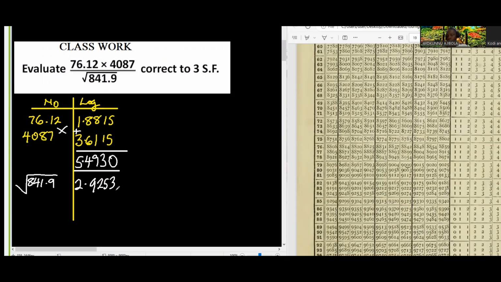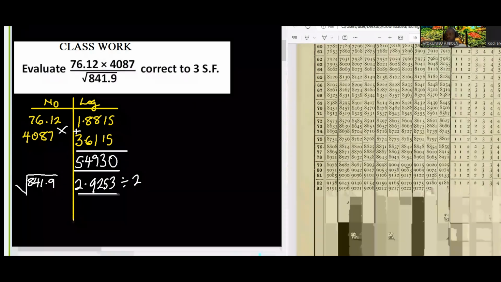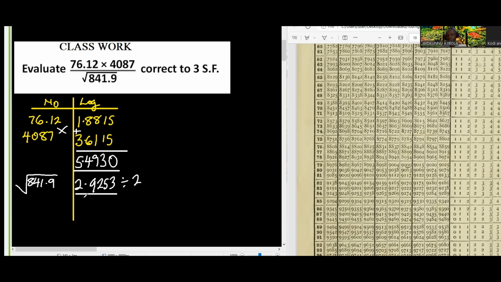Now we want to divide by 2 because of the square root. So 2 divided by 2 at the front gives me 1. To find that square root at the back, 2 divided by 2 is 1. Then 2 in 9, that is 4. Remainder 1, 2 in 12, that is 6. 2 in 5, that's 2.